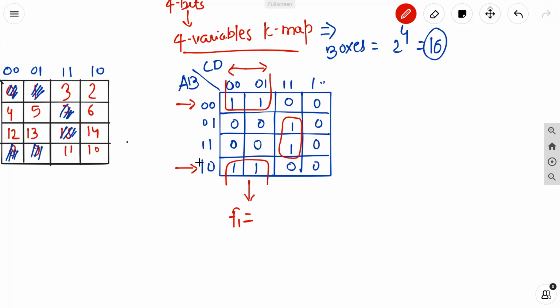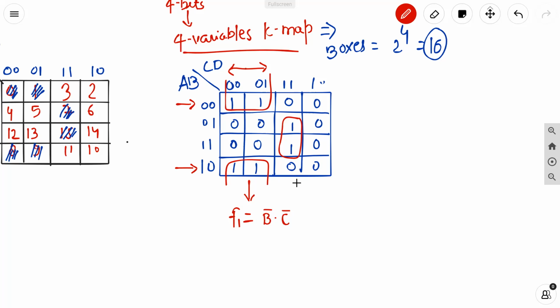So we don't write A, we simply write B. But B is available in its complement form, so I will write B complement, dot. From these two columns, C is not changing while D is changing. So don't write D, simply write C. But C is available in its complement form, so I will write C complement. F1 is done, or the quad is done.